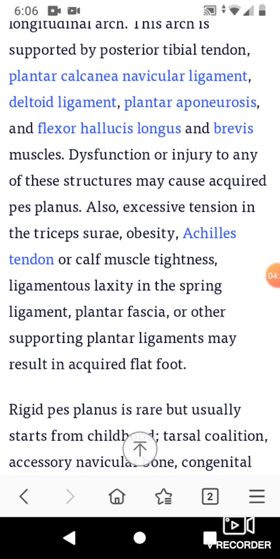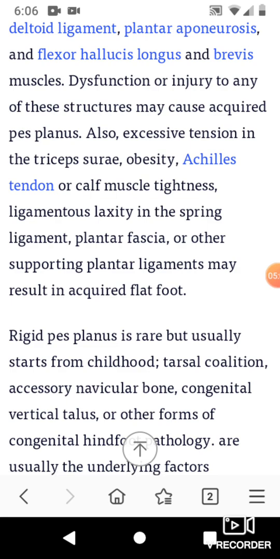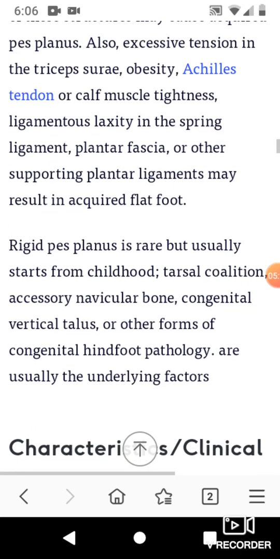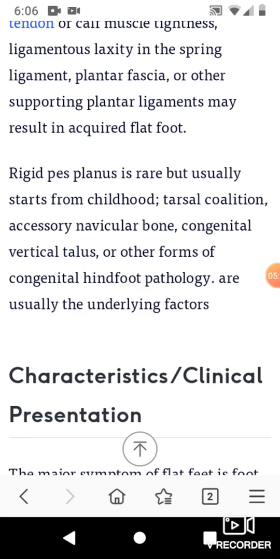Dysfunction or injury to any of these structures may cause acquired pes planus. Also, excessive tension in the triceps surae and Achilles tendon could lead to it. Rigid pes planus is rare, but usually starts from childhood, with congenital deformities and hindfoot pathology.